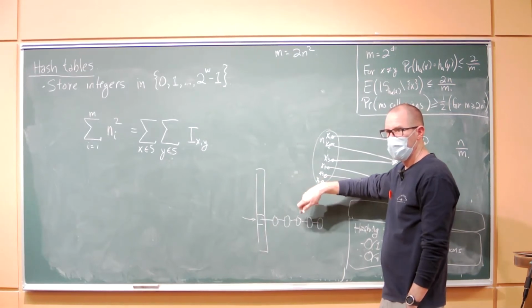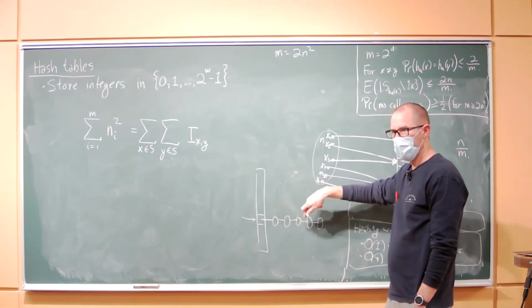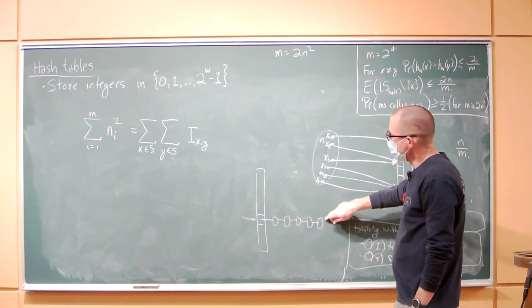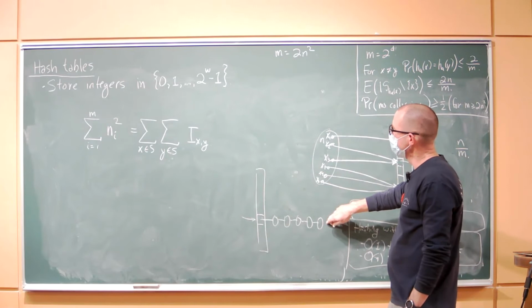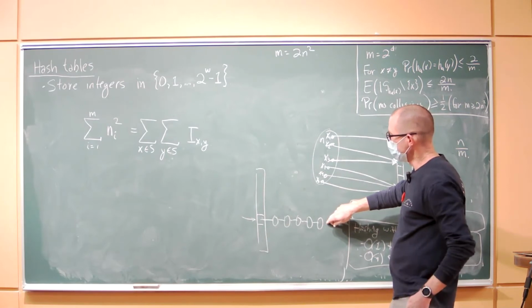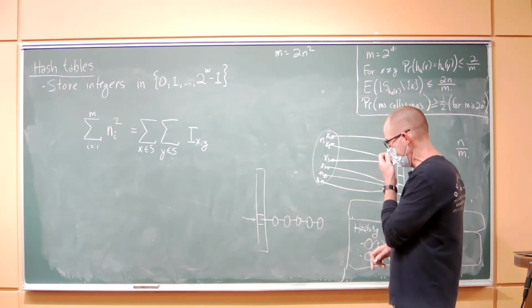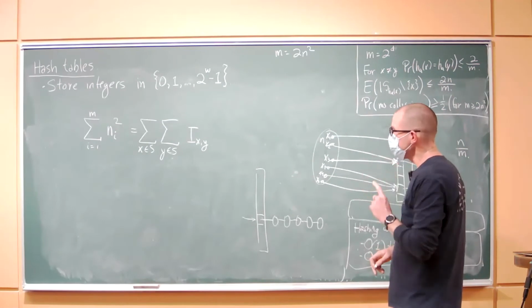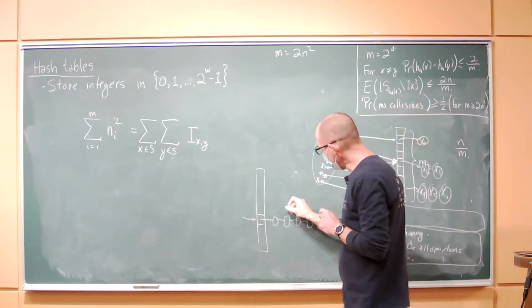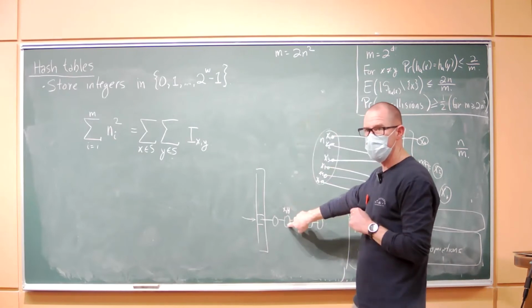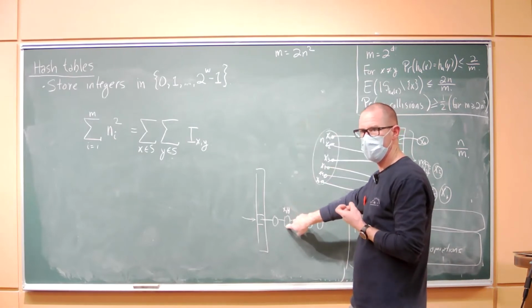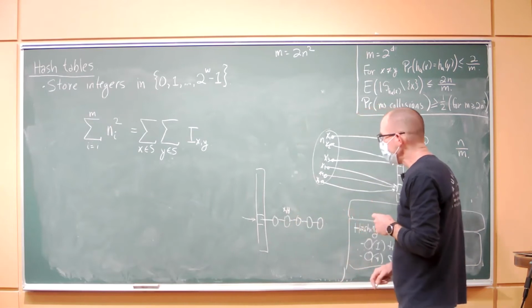So each pair in this one table slot will give me a 1. And it's not even just every pair, but sometimes I have x and y both equal to the same thing, so they contribute as well.